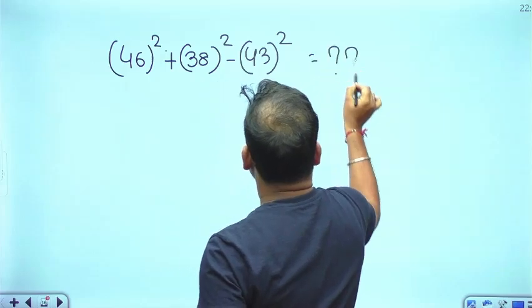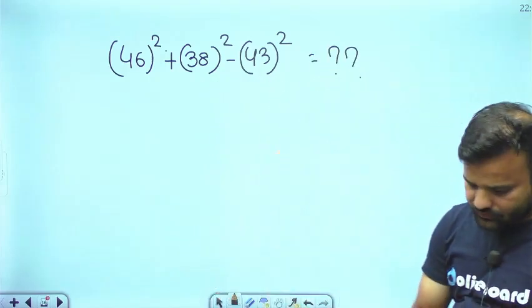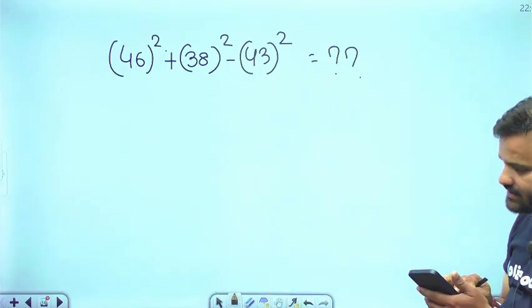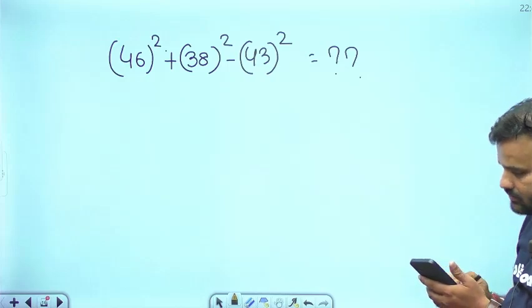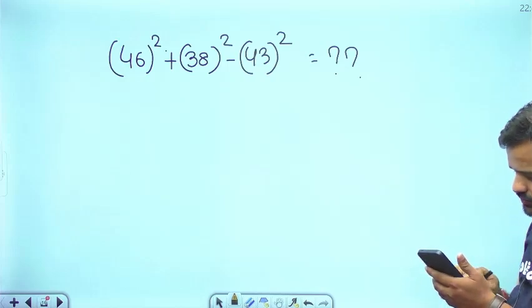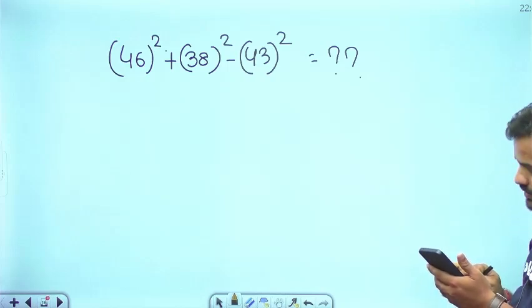What about this? What is the value of this? Let me give you the option. 46 square, 38 square minus 43 square.